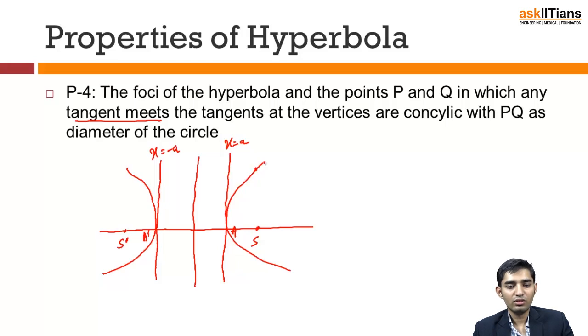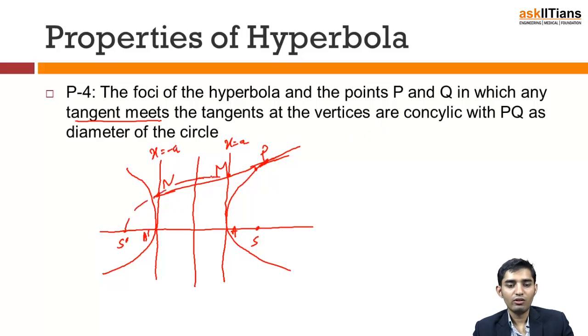So suppose this is the tangent, something like this, at this point P, right. Let me suppose the points of intersection are M and N, right. So in the question it is said that these 4 points are concyclic.